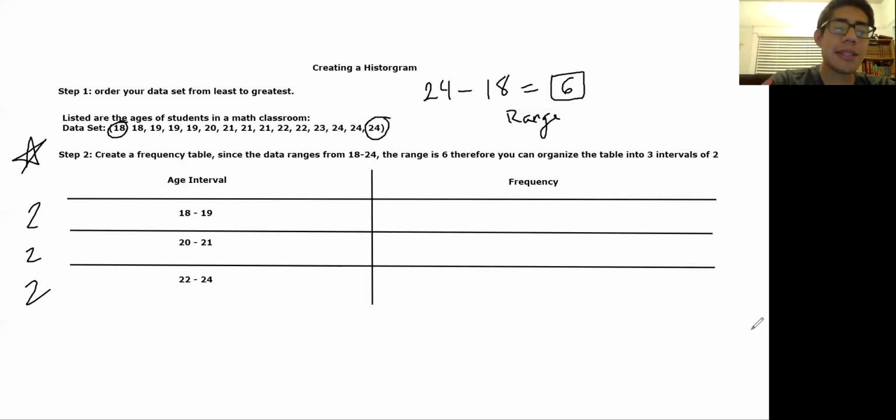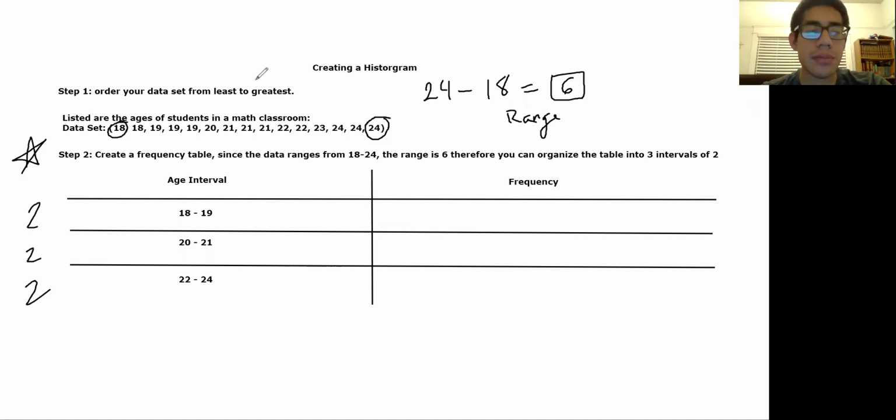In the first one, there's only 2 numbers, 18 and 19. The second one, there's 20 and 21. And the last one, there's 21, 22, 23, and 24. So there's technically an extra number there, but that's okay. We try to avoid that for the most part, but sometimes we can't.